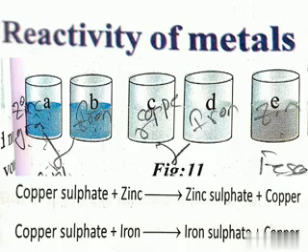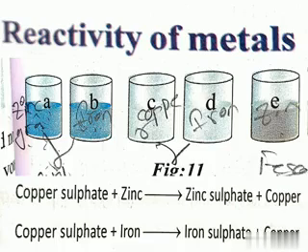Next, record the changes in the color of the solution in the table. After some time, observe the changes in the color of the solution. Which color can we observe? In beaker A, the solution turns white and a red mass of copper is deposited at the bottom of the beaker.